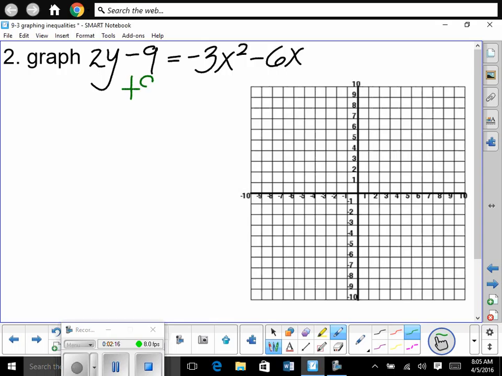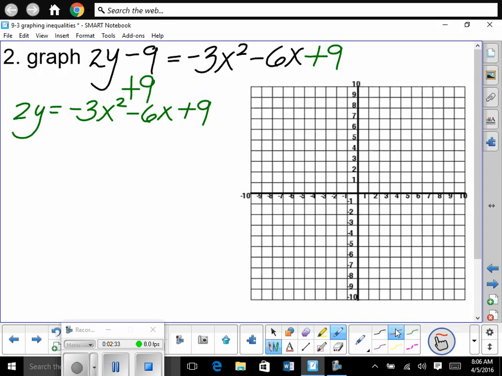Good. Add 9 to both sides. So we have 2y is equal to negative 3x squared minus 6x plus 9. We're trying to get it in y equals form. That's graphing form, guys. So we'll divide both sides of the equation by 2. And now our y is alone.